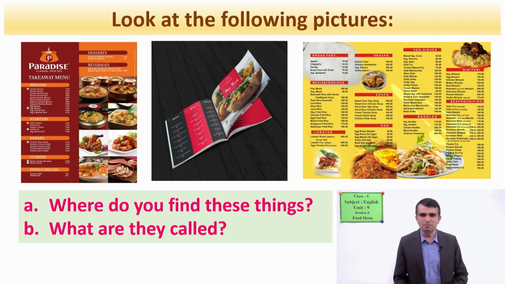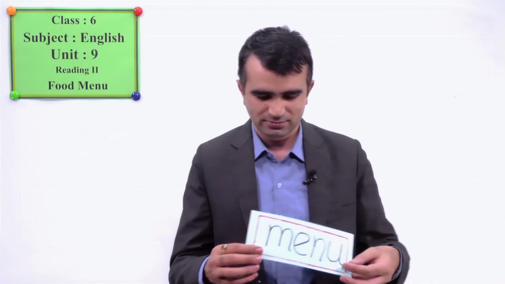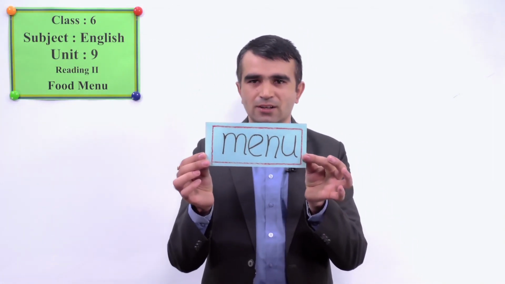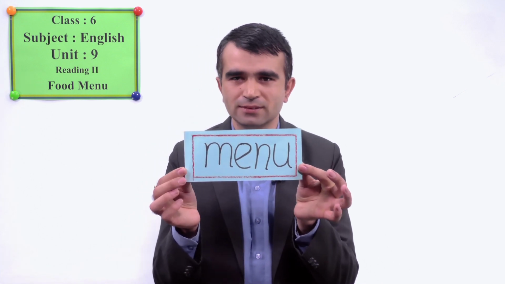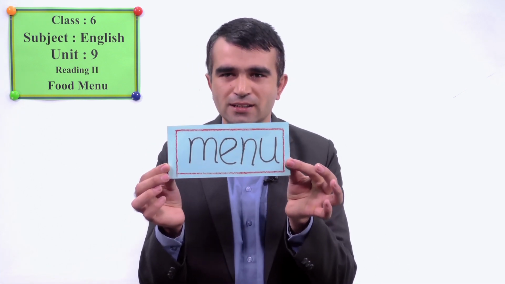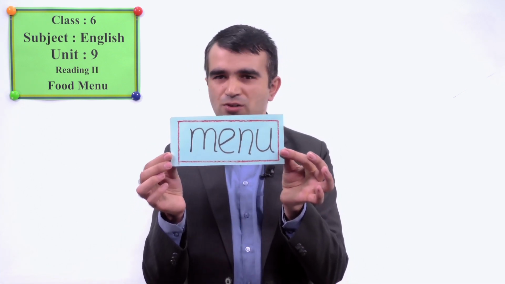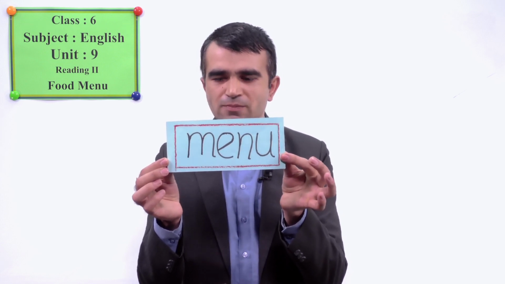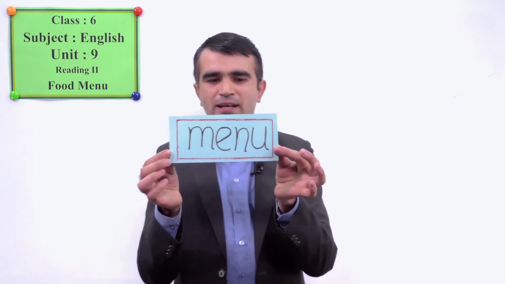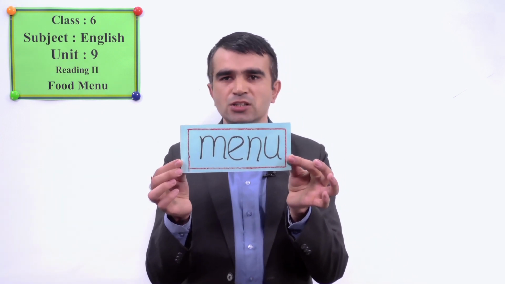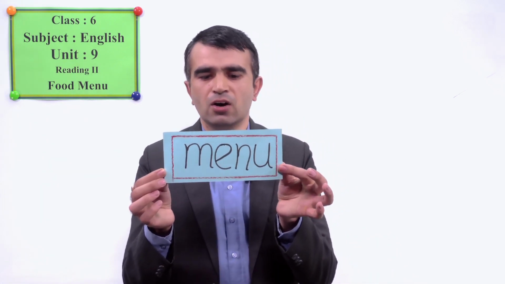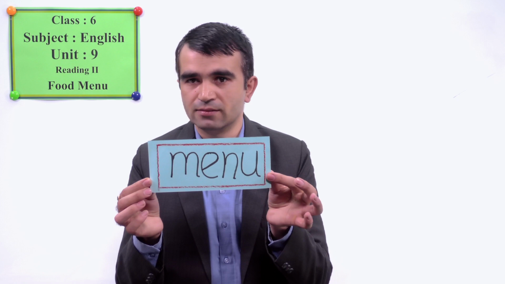Now, what does menu mean? See, what is this? Read the word. Menu, M-E-N-U. What does it mean? Menu means a list of dishes offered in a restaurant or hotel.